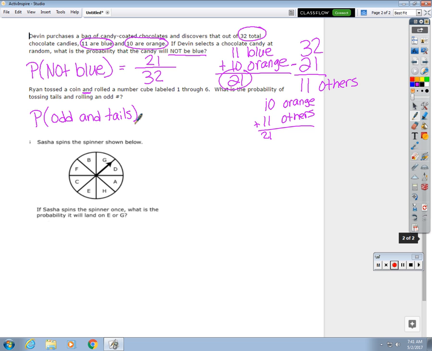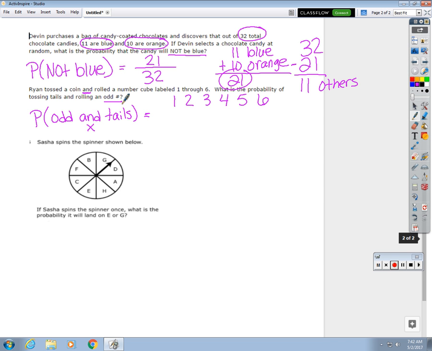When we see that and, we're going to have to multiply our two probabilities together. So we're going to find the probability or the likelihood of him getting an odd, and then we're going to find the probability of him flipping tails, and then we have to multiply those two fractions together. Okay, so the probability of him rolling an odd on the number cube is 1, 2, 3, 4, 5, 6. And we're looking for an odd number.